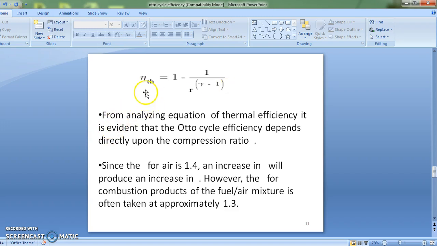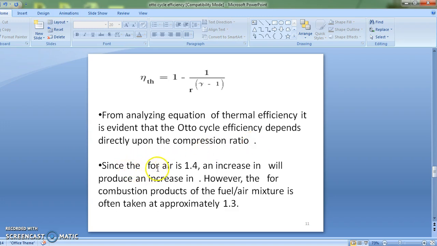Now we have to understand the effect of compression ratio on the thermal efficiency, and that will be explained with the following comments. From analyzing the equation of thermal efficiency, it is evident that the Otto cycle efficiency depends directly upon the compression ratio.